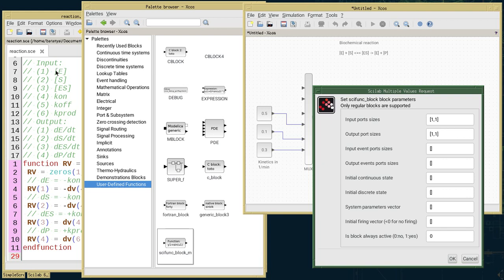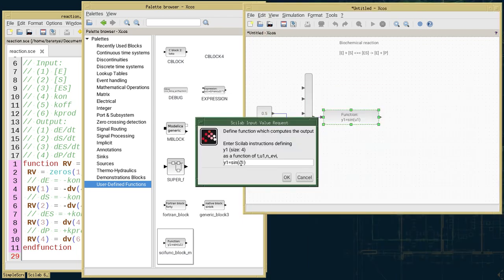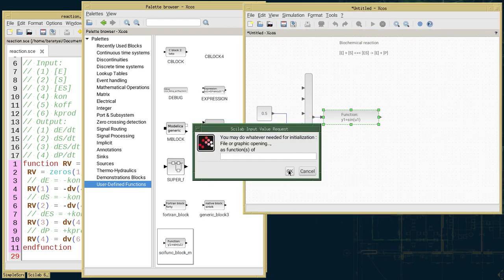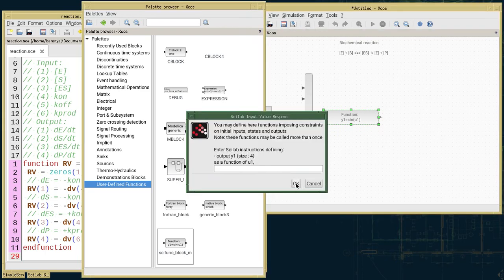The input port size will be 6 because I have 6 values arriving on input port number 1, and I calculate 4 values, so I will have 4 leaving parameters. And the function is not a sine function, it will be my own function that I used already, the reaction. The name of the function is reaction, which I created here and tested already in the console. So I click OK. No other setup adjustment is necessary.